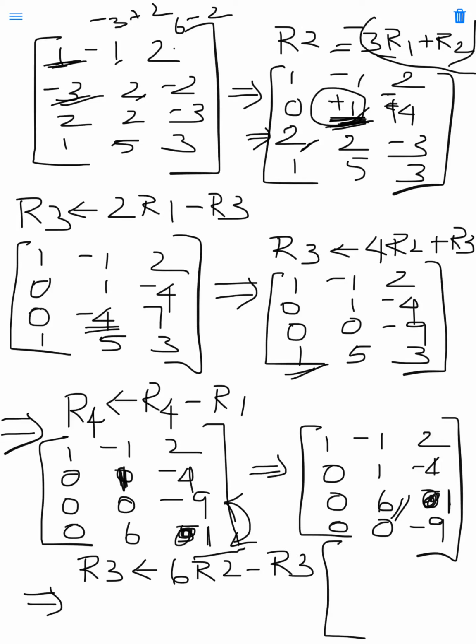We will be getting 1 minus 1, 2, 0, 1 minus 4, 6 R2, 0, 0, R2, 6 minus 24, 1 minus 25, 0, 0, 9.